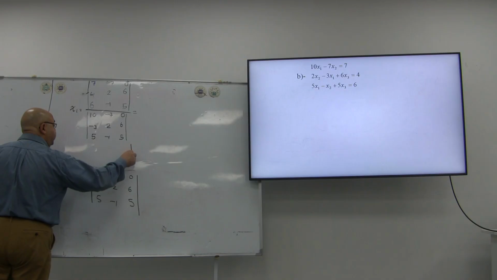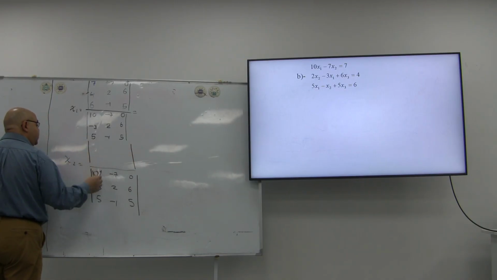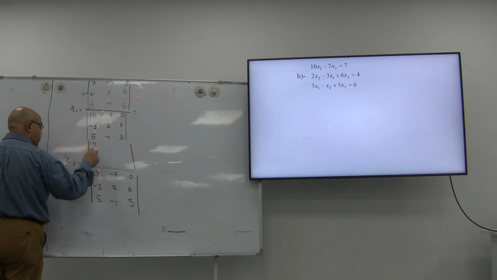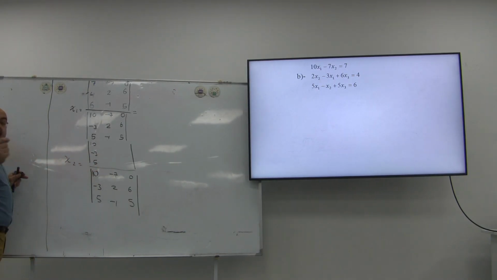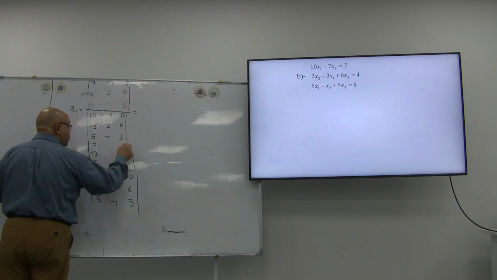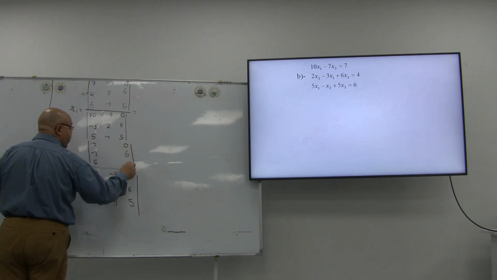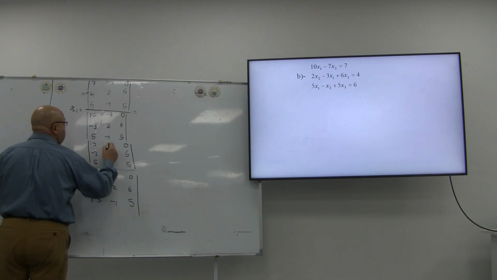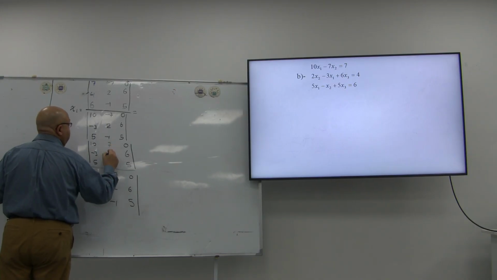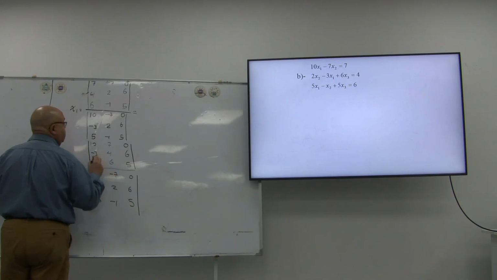For the numerator, I will replace the second column. So it's going to be 10, negative 3 and 5, then just replacing the coefficients relative to x2: 0, 6 and 5. And instead of the second one, I will have 7, 4, and 6.